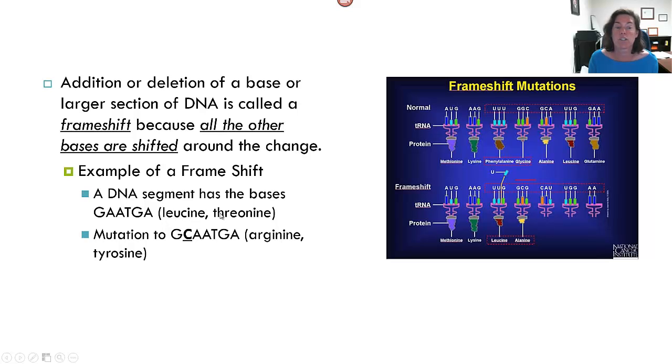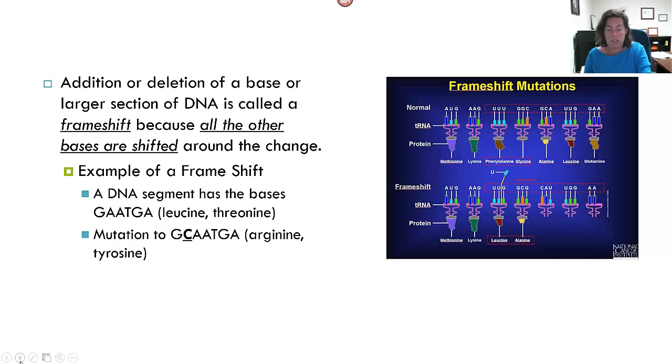It produces these two amino acids, leucine and threonine. If we have a mutation where we add a base, we add the base C, cytosine, and we now have GCA, which produces arginine, and we have ATG, which produces tyrosine. This is a classic example of a frame shift mutation.